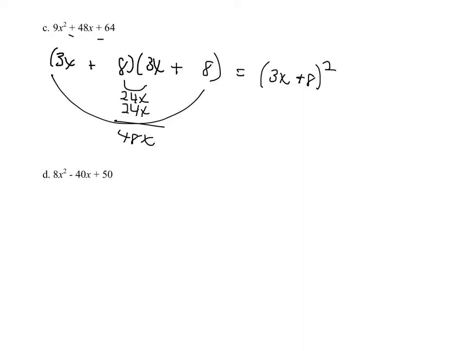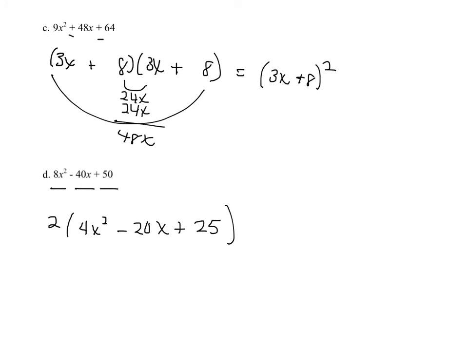Very nice. Next one. Well, I look at it and I see that I can actually pull out a 2. We'll get remaining 4x squared minus 20x plus 25.